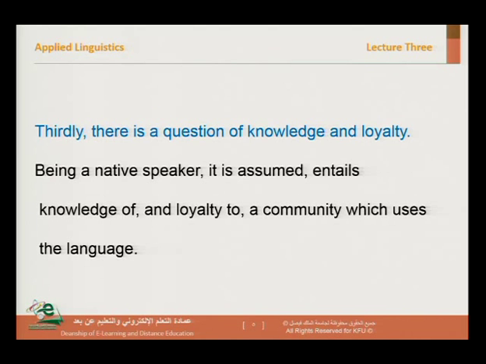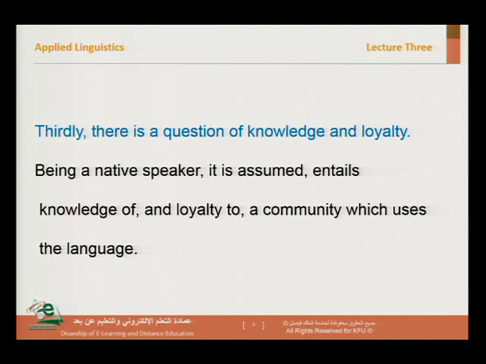Thirdly, there is the question of knowledge and loyalty. Being a native speaker, it is assumed, entails knowledge of and loyalty to a community which uses the language. So you are loyal to these people. You are loyal to this particular group in your community.